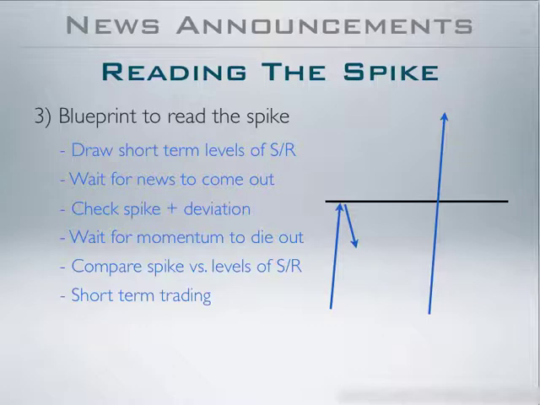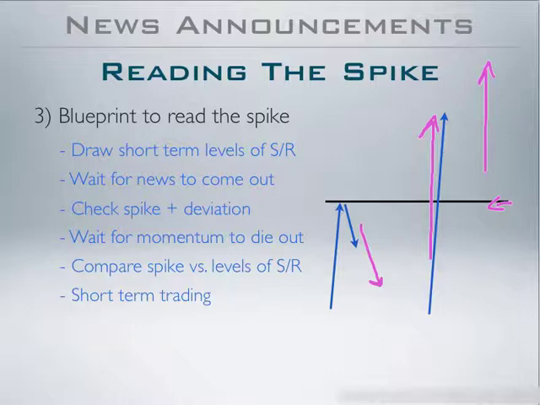If that particular level of support and resistance was strong enough to reject this spike, you're going to be searching for trades in the direction of the bounce. All right, and on the other hand, if the news spike was able to breach through that level, then you obviously want to be searching for continuation trades.